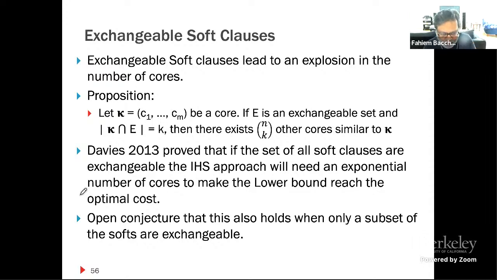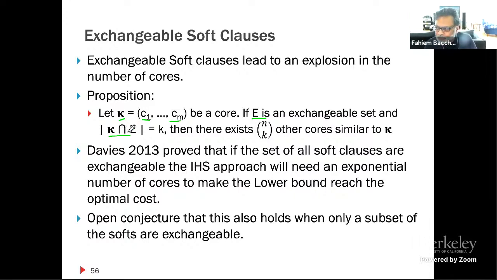And it's not hard to prove that if you have a core, C1 to Cm, in other words, a set of soft clauses, one of which has to be falsified, and you have an exchangeable set, E, then if k elements of this exchangeable set appear in our core, in other words, the size of the intersection between the core and the exchangeable set is k, then it turns out that there exist n choose k other cores that are similar to this core.